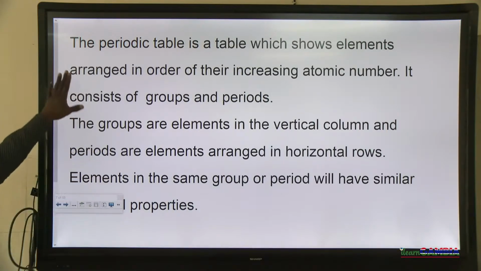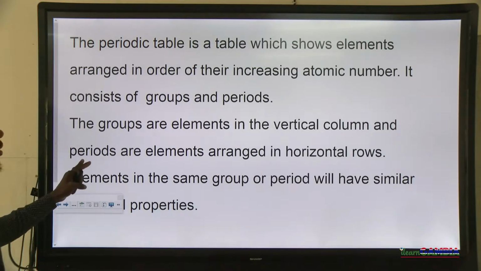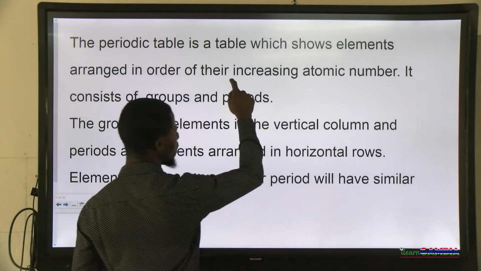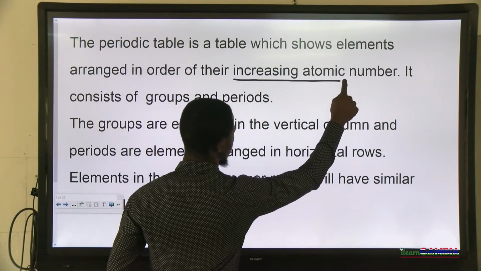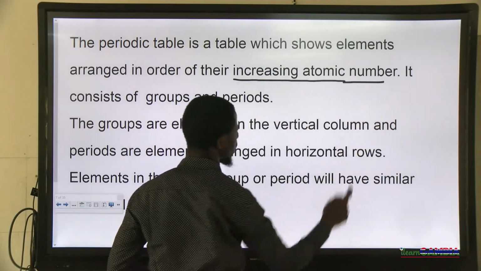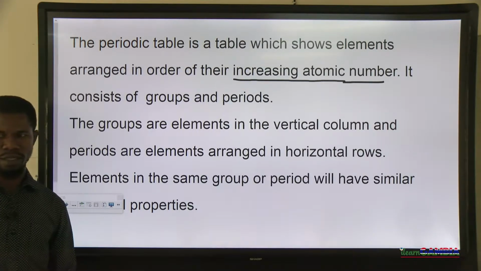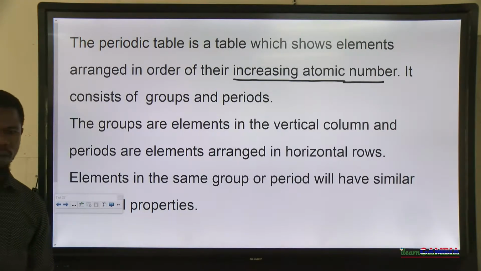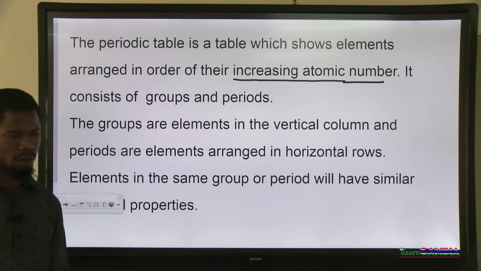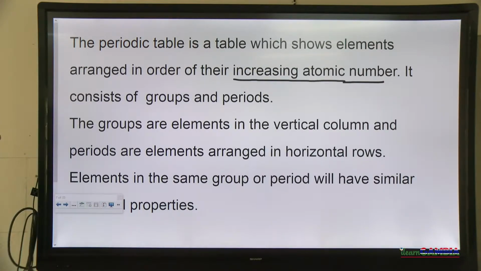And now, this is the modern version of the periodic law, which states that the periodic table shows the elements arranged in order of increasing atomic number instead of increasing atomic mass. That is the modern periodic table.